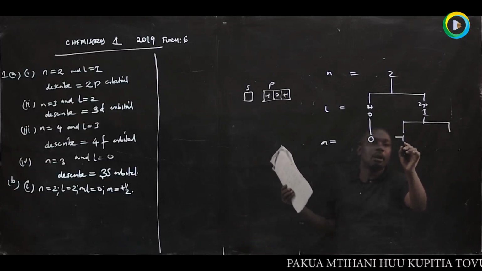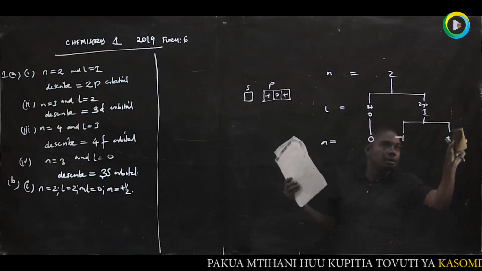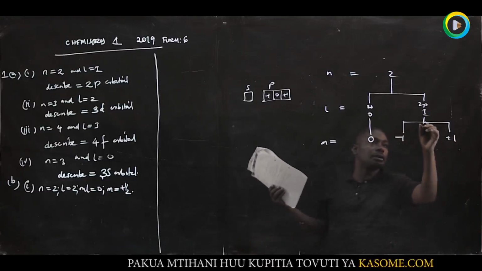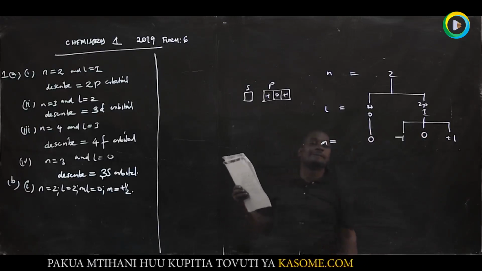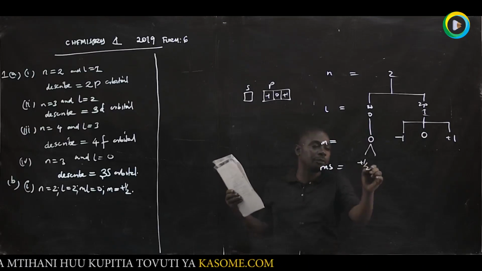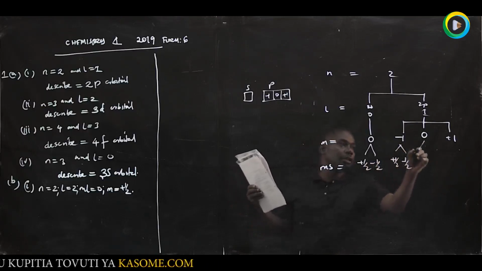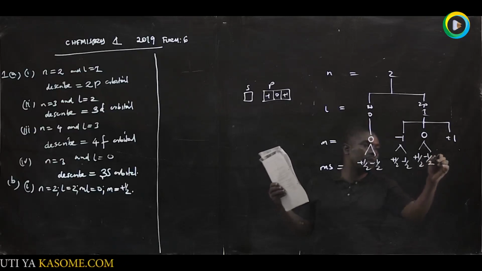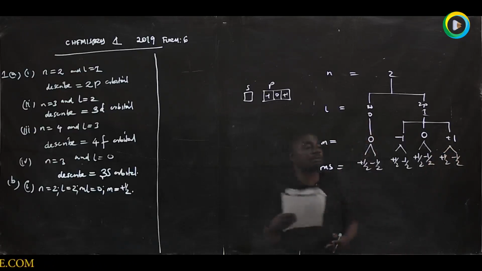Then MS has 2 values, positive and negative. Each orbital has 2 electrons, one positive and one negative.